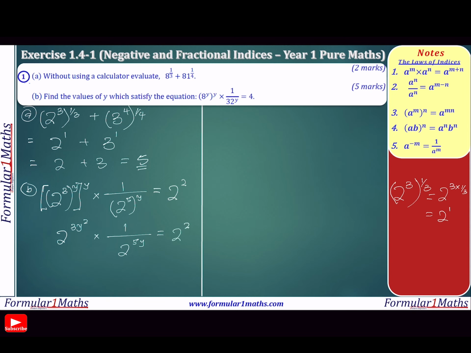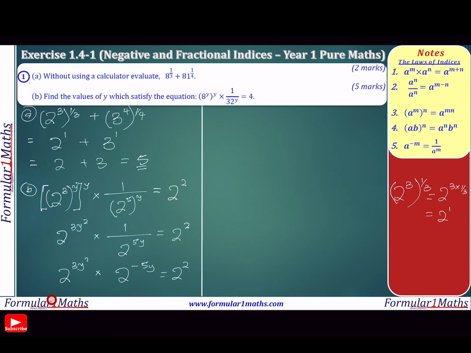Now using rule number 5, we can rewrite this part of the equation as follows. 2 to the power 3y squared times 2 to the power minus 5y equals 2 to the power 2.